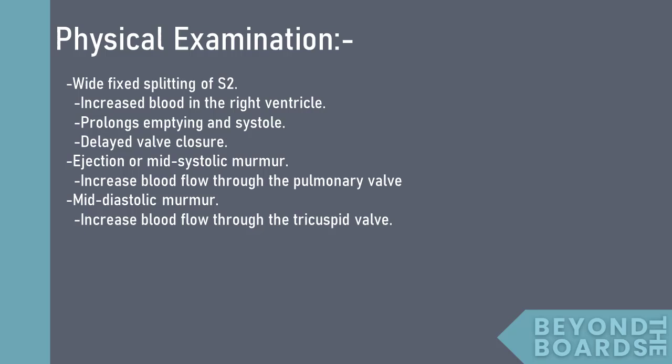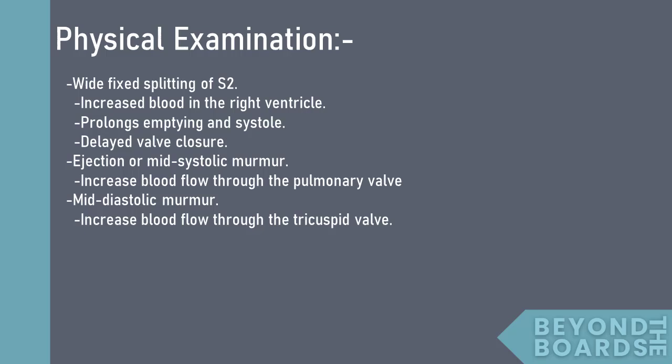But during expiration, both valves close at the same time so that S2 is single. In an ASD, the increase in blood returning to the right ventricle causes delay in the closure of the pulmonic valve because the right ventricle will take longer to pump all that extra amount of blood, so the second heart sound will always be split regardless of inspiration or not, hence it is fixed.